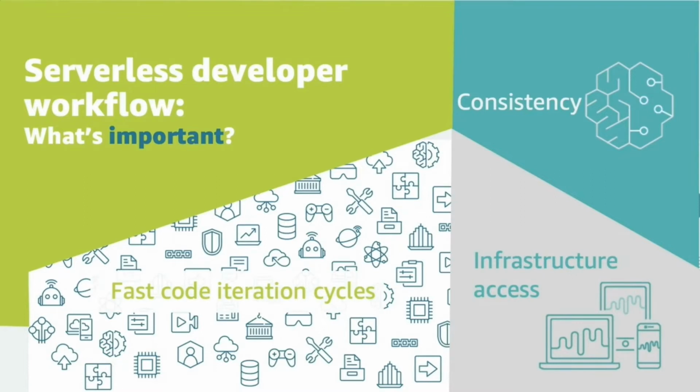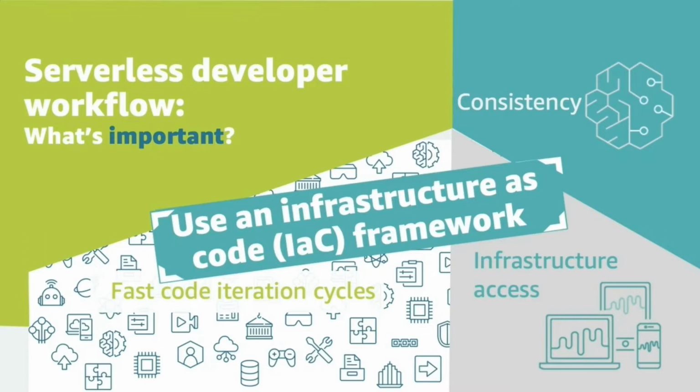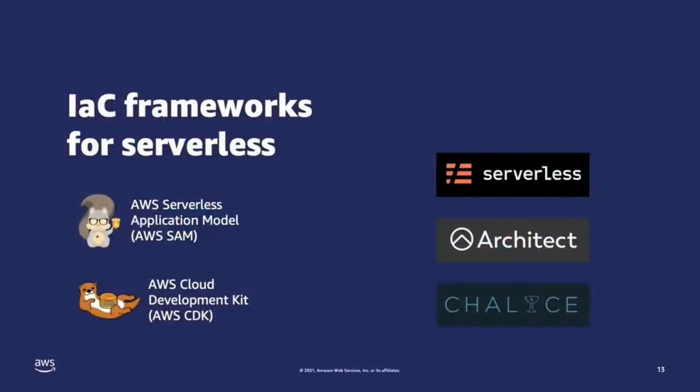Iterating on the application's infrastructure and keeping these configurations consistent across the different environments is really important with any type of development, really. And in order to help you achieve these three things that are important, very quickly you are going to need to use an infrastructure as code framework, or an IAC framework.